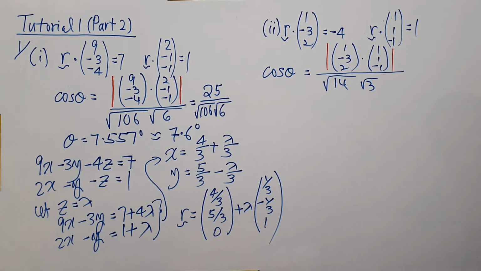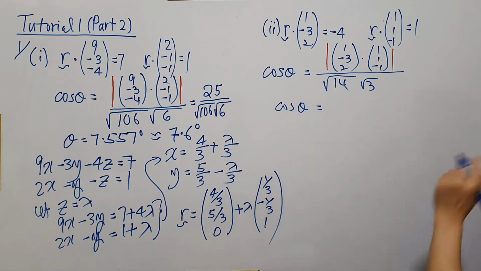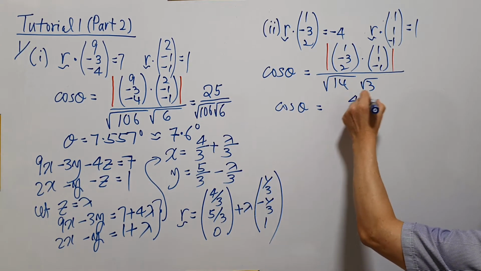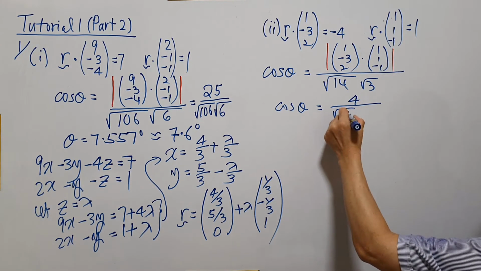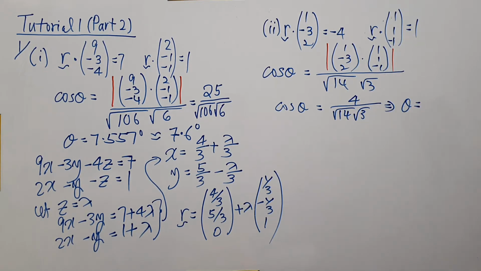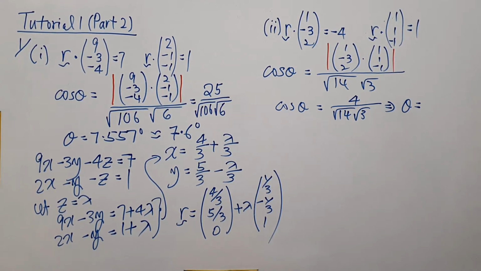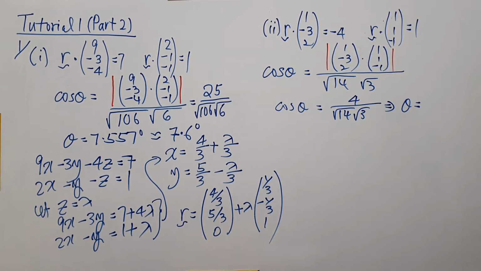So your cos theta turns out to be minus 3 minus 2 minus 5, minus 4 is 4. And then you take out a calculator to calculate the value of theta. Okay, let me take a calculator out. I'm actually calculating now, I'm not relying on the answer key.